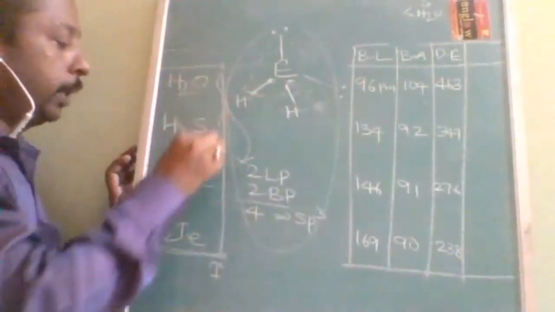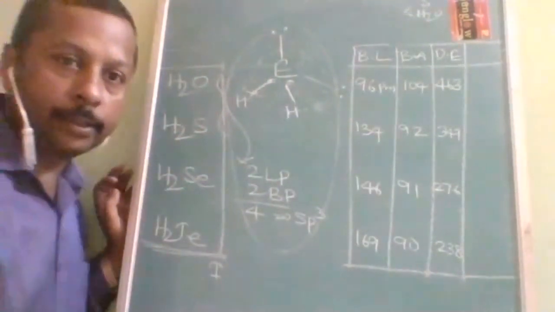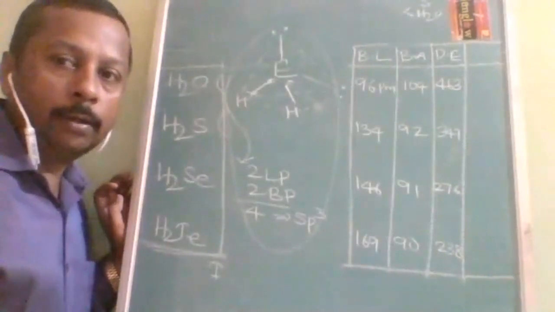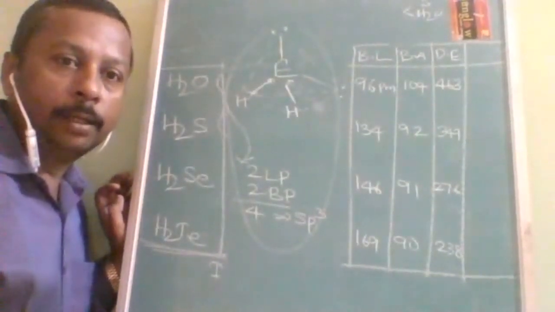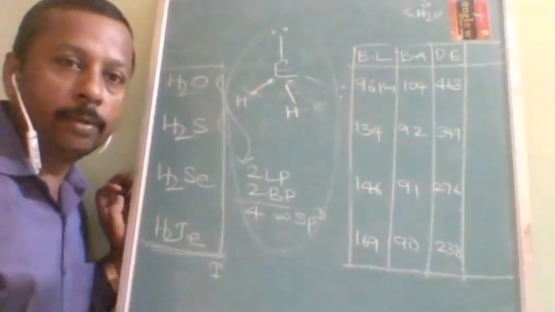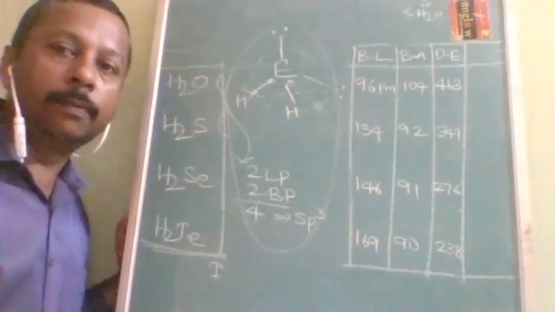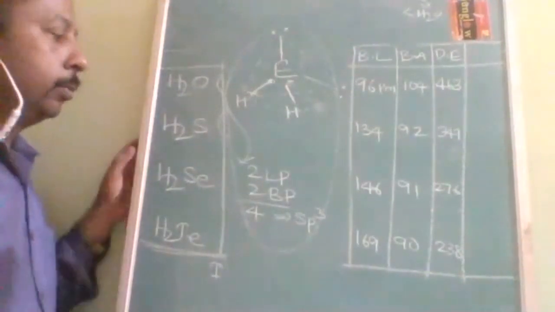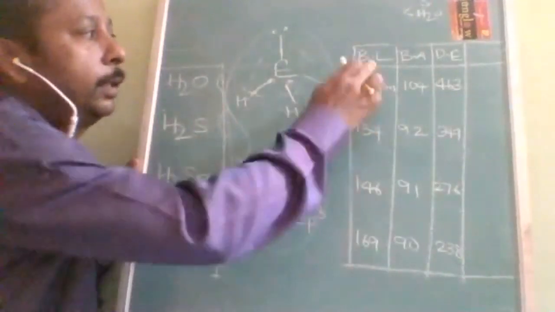Down the group, atomic size increases, as I covered in the very first lecture of the 16th group, due to addition of a new shell in every consecutive step. Because of that, bond length increases.